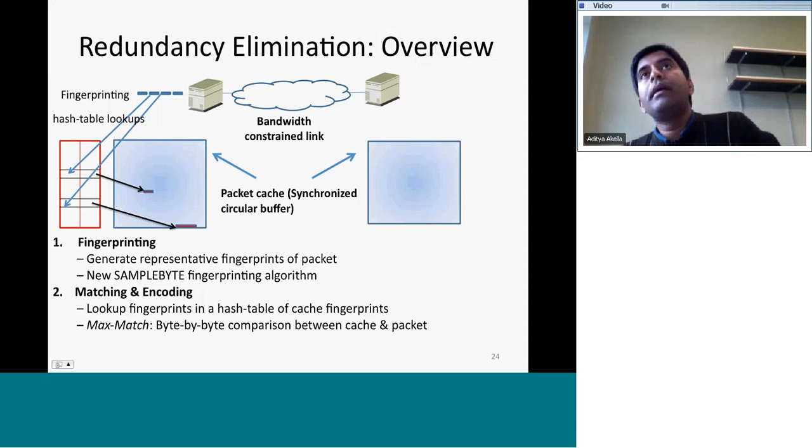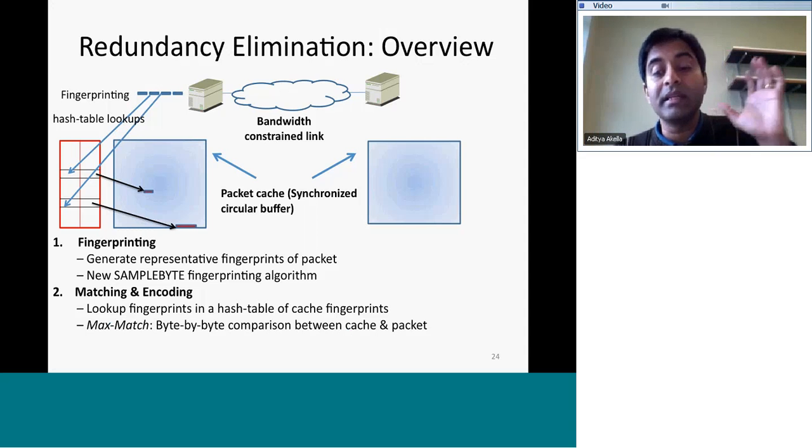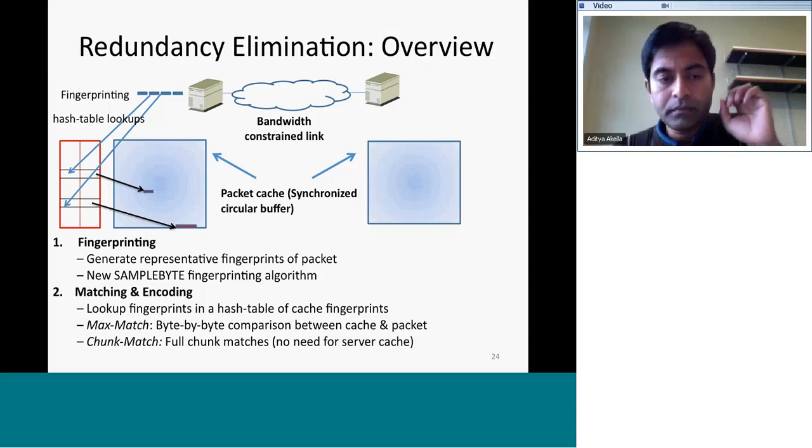Here again, there are a variety of different schemes you can use to do the matching and encoding, and we developed a modification to a scheme called max match that I will describe. Again, this shows you how careful design of these content-aware processing schemes can lead to significant benefits. There's another thing called chunk match that I won't have the time to get into, but I would be happy to refer you to our EndRE paper to get to those details.